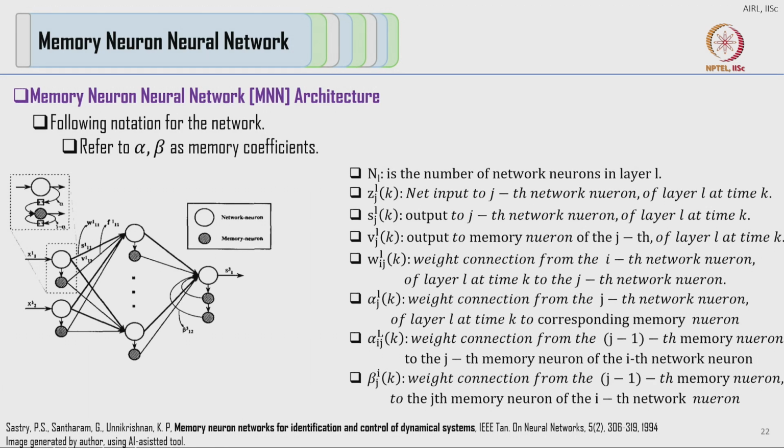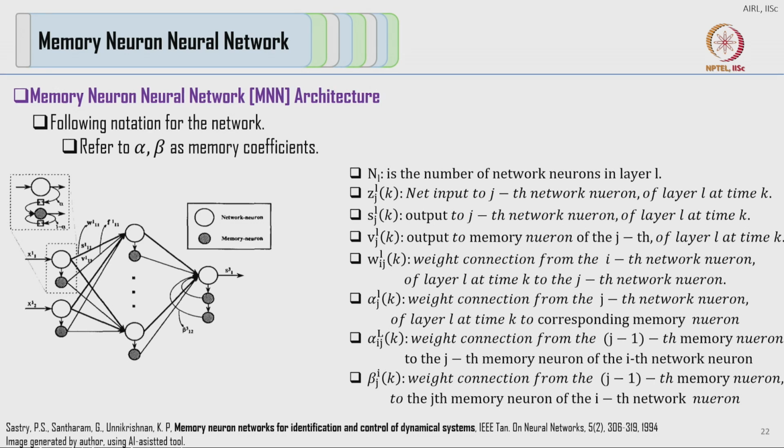If somebody wants to implement this for n layers, how do we do it? Remember, alpha and beta correspond to the weights of the memories. W corresponds to the weight associating two network neurons, and F corresponds to the weight associating a memory neuron to a network neuron.